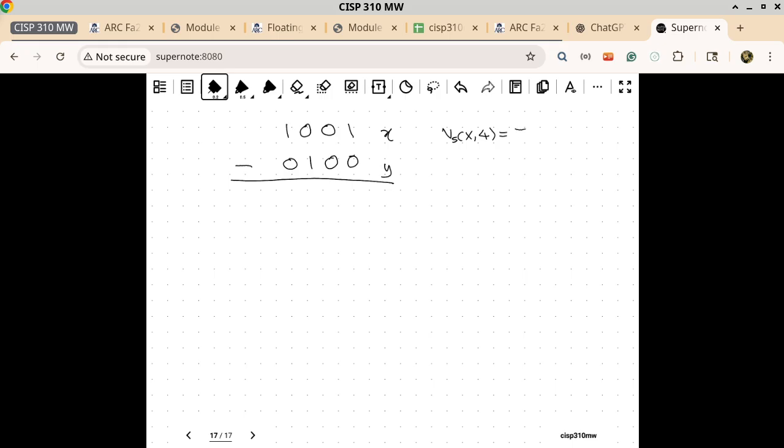That means the signed interpretation of 1001 is actually negative 7. What about the other one? The other one is fairly straightforward. We add up none of 1, none of 2, 1 of 4, which is all 4, minus none of negative 8. That really is just 4.